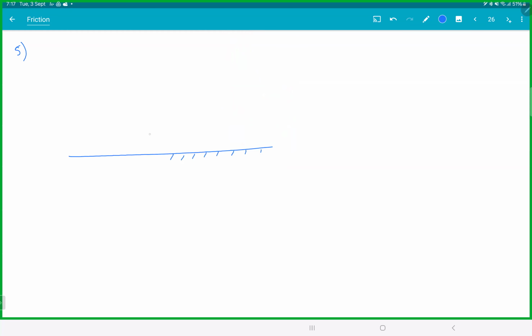We have a block here, mass M, length L. The left side of the surface is smooth. The right side of the surface is rough, with friction coefficient mu. The block is exactly on the border. Now someone kicks the block with speed U. Assume the block completely enters the rough region.